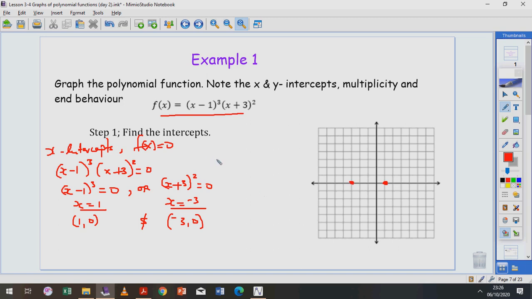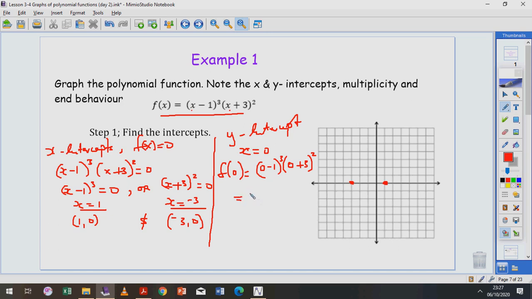I need to also find the y-intercept, and I hope you remember that at the y-intercept, the value of x is equal to 0. I just need to set x equals 0 in my function. So I'll basically be looking for f of 0. So if I set x is 0, I'll have (0 minus 1) cubed times (0 plus 3) squared, because I'm setting x equals 0 in this position in my polynomial equation.